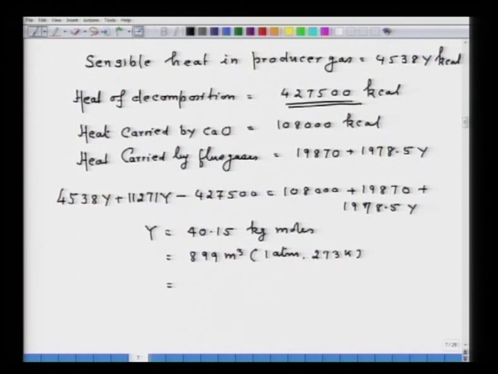So, that is equal to 2964 meter cube at 1 atmosphere and 900 Kelvin. So, this is all about problem number 2.